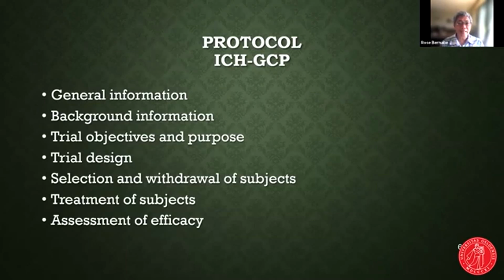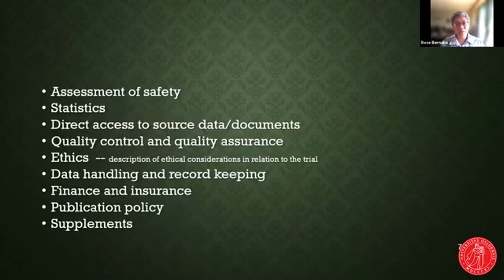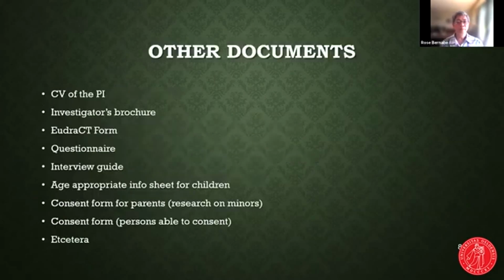According to ICH GCP, the protocol should contain the following: general information, background information, trial objectives and purpose, trial design, selection and withdrawal of subjects, treatment of subjects, assessment of efficacy, assessment of safety, statistics, direct access to source data and documents, quality control and quality assurance, ethics, which is generally described as a description of ethical considerations in relation to the trial, data handling and record keeping, finance and insurance, publication policy, and other supplementary data.